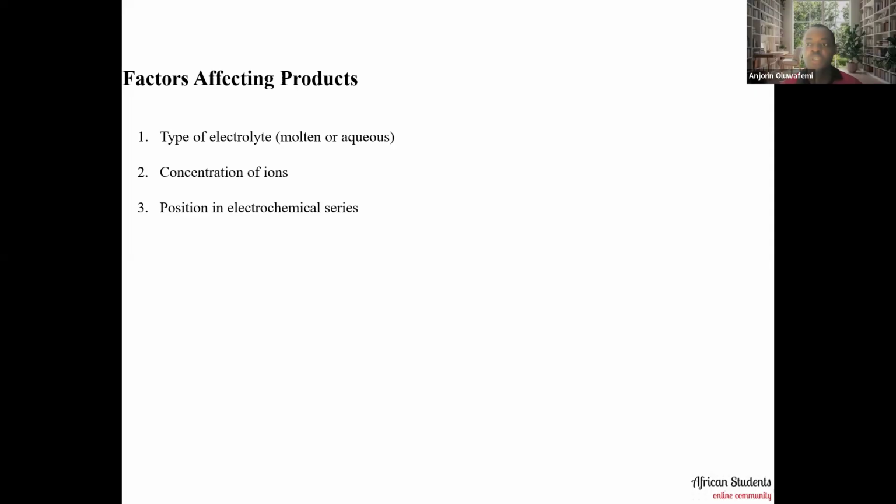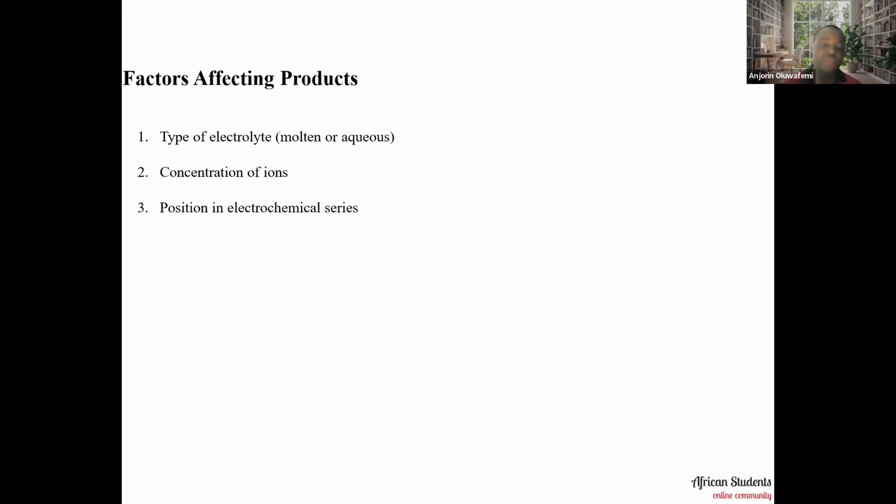Now, the ability of zinc to displace sodium will be solely dependent on how it is positioned on the electrochemical series. If you have zinc above sodium in the electrochemical series, most definitely it can displace sodium. But if the reverse is the case, then it becomes near impossible for you to displace sodium.